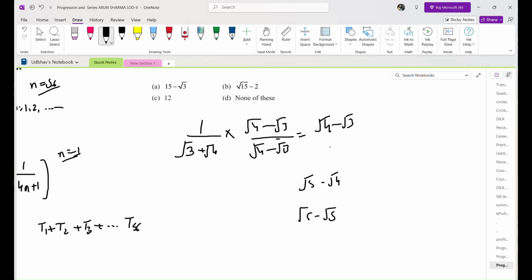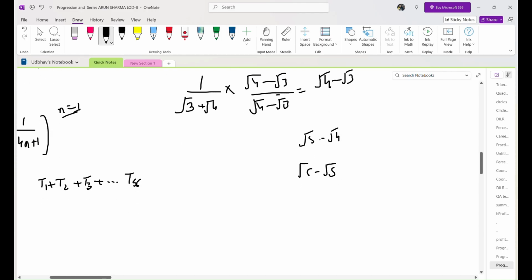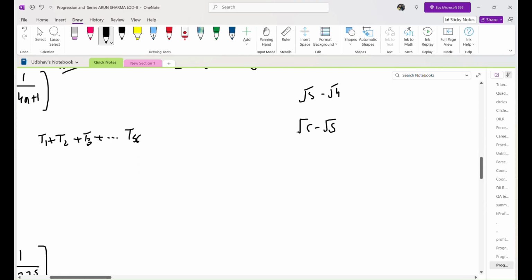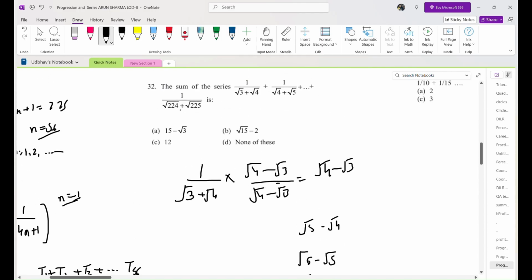So can you see the pattern here? This root 3 is not going to be cancelled. This root 4 minus root 4, root 5 minus root 5, root 6, and the next term will be root 7 minus root 6, root 6, and it will go up till here.